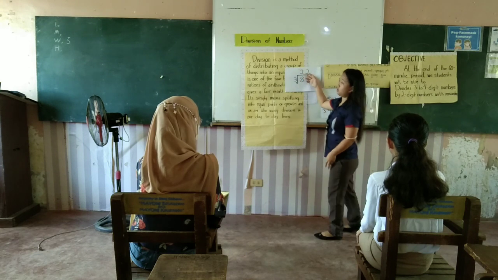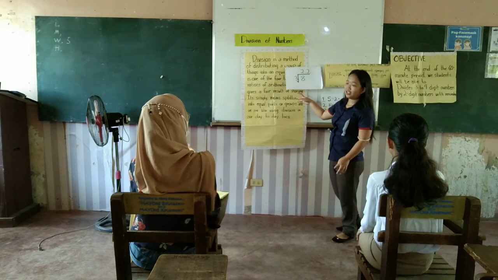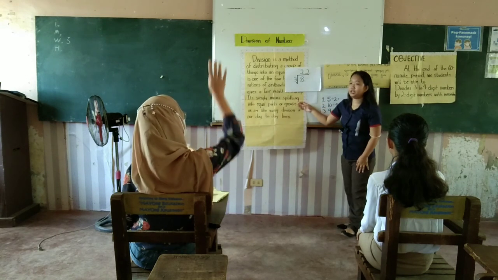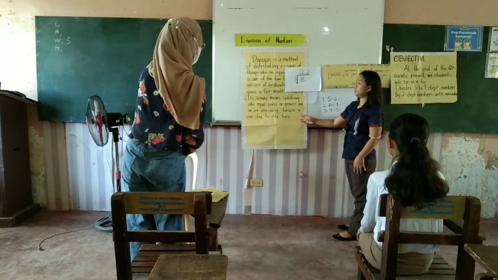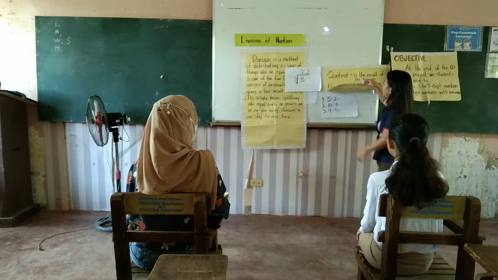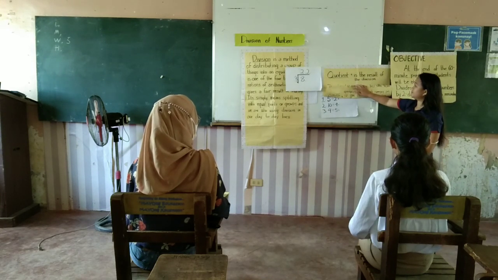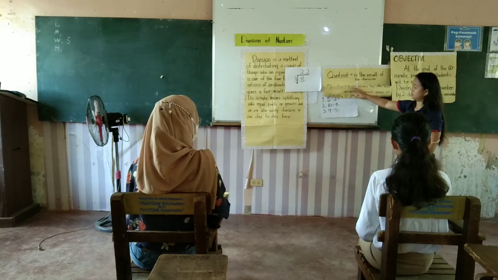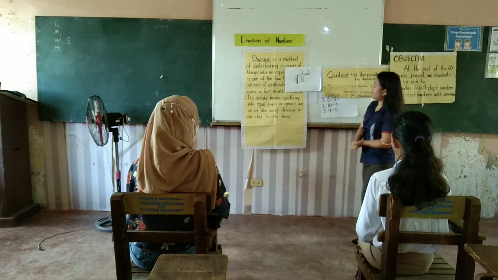Okay, Dominador. The quotient is 2. Okay, so the quotient is number 2. What is quotient? Quotient is the result of the division.